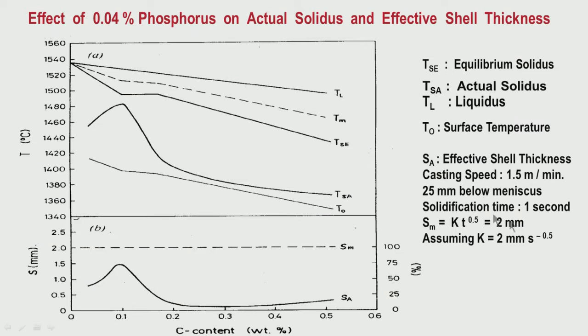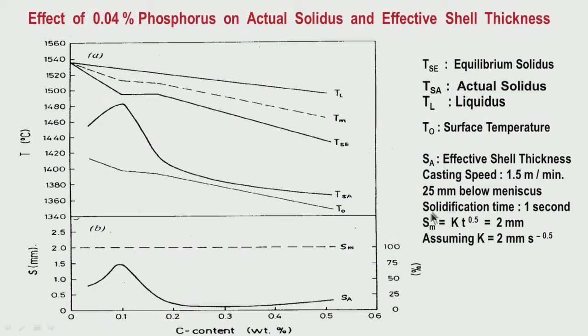So, what has been done is we have used a casting speed of 1.5 meter per minute, and the calculation has been done 25 millimeter below the meniscus. At that point of time the solidification time was 1 second.